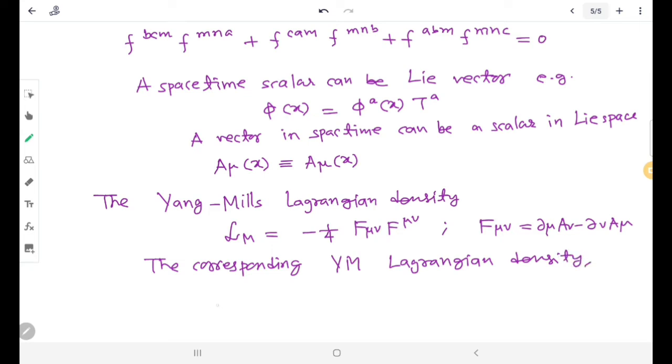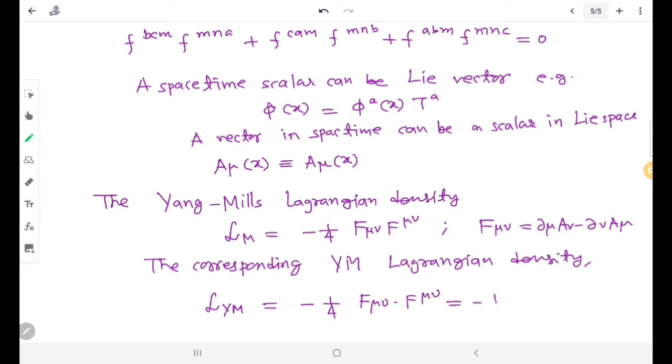We know that a Lagrangian density must always be a scalar quantity, not only in space-time but also in the Lie space. So here we shall write the analog of this: F mu nu dot F mu nu, where dot is the dot product in Yang-Mills space.